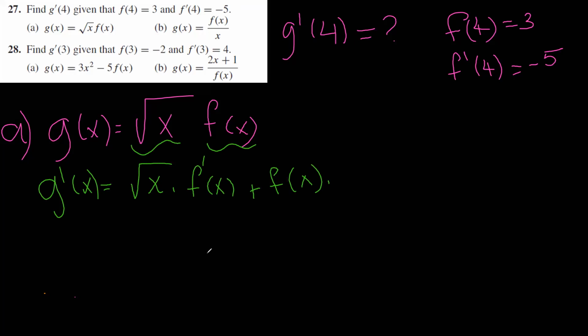The square root of x is x raised to the power half, so its derivative is half x raised to the power negative 1 over 2. So we have square root of x and f of x, and we said the first function times the derivative of the second plus the second function times the derivative of the first.